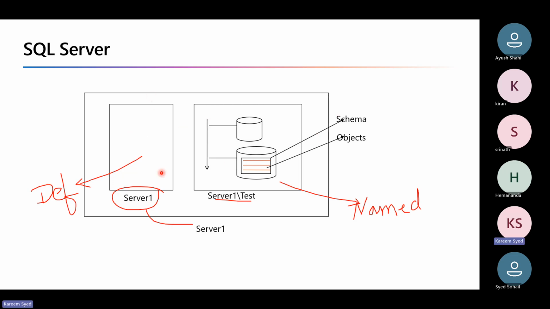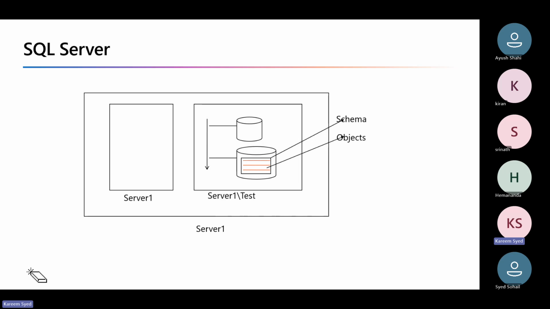Right. We have to understand the hierarchy here. One machine can have one or more instances. Under each instance we have one or more databases. Already said, in one machine a maximum of 50 instances.